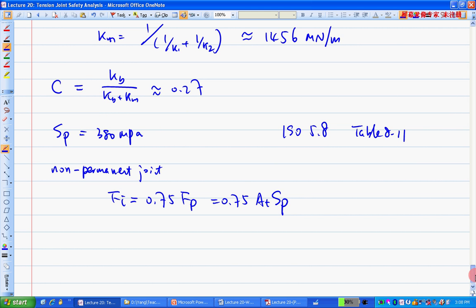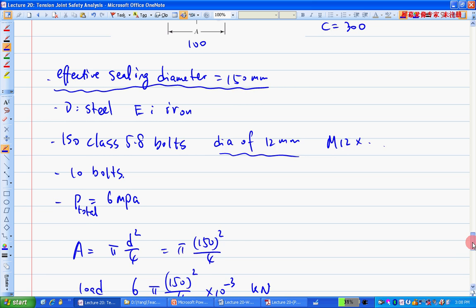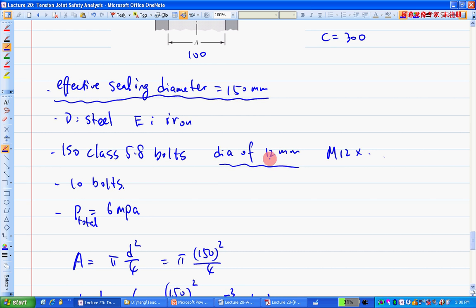Let me calculate here. What's the bolt here? The bolt is 12 millimeters in diameter. So I don't have a table here, but in the previous handouts, you have a table. We're looking at metric series 12, and the coarse series is 84.3 square millimeters.